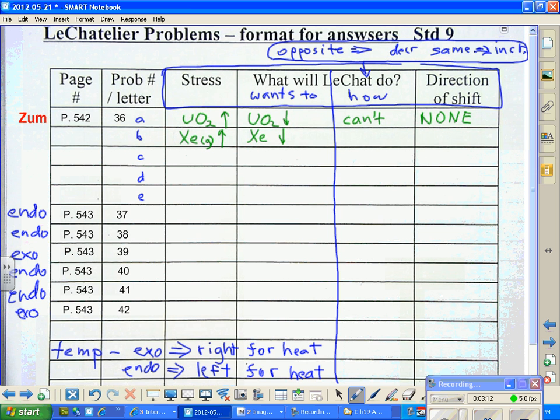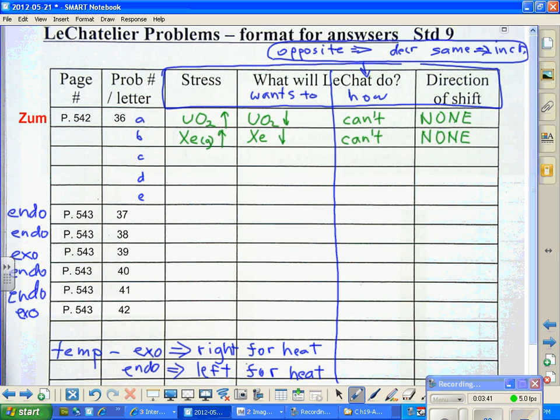But we have another situation where he can't, and the reason is that xenon is not part of the balanced equation that we're using as the equilibrium. So again, we wind up with none. Okay, and the next one. See, what we're doing is figuring out what the shift is going to be, and that's what you're going to be asked on tests.